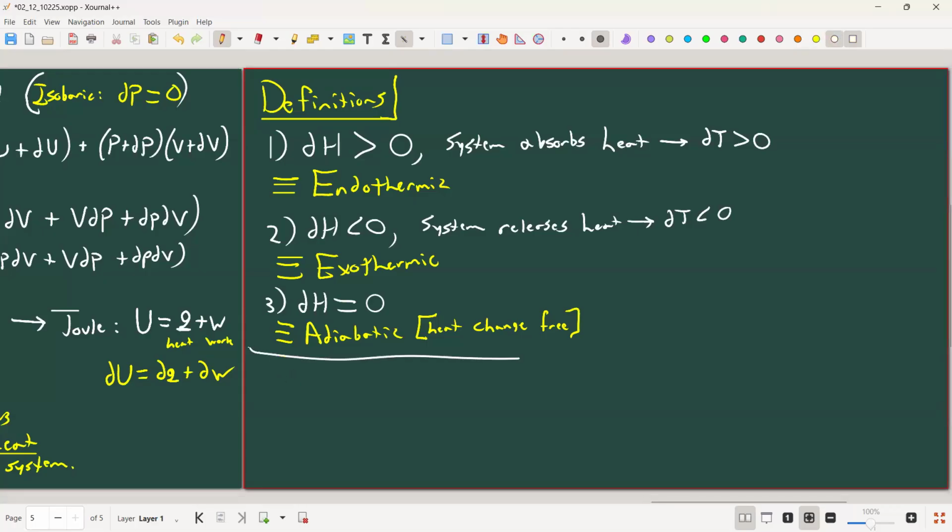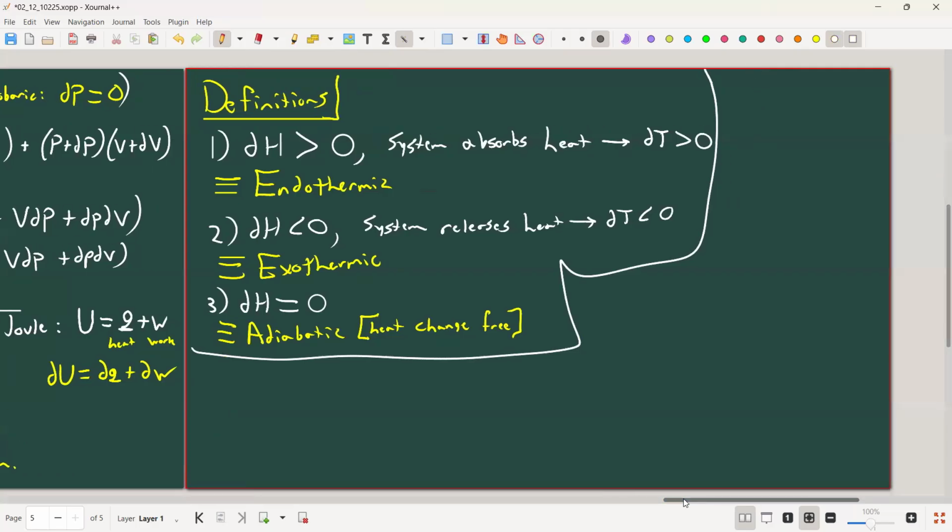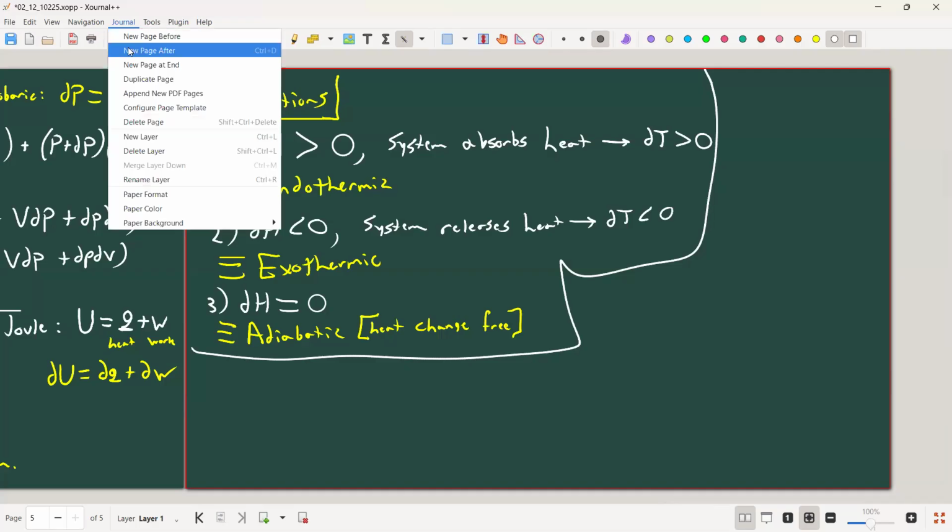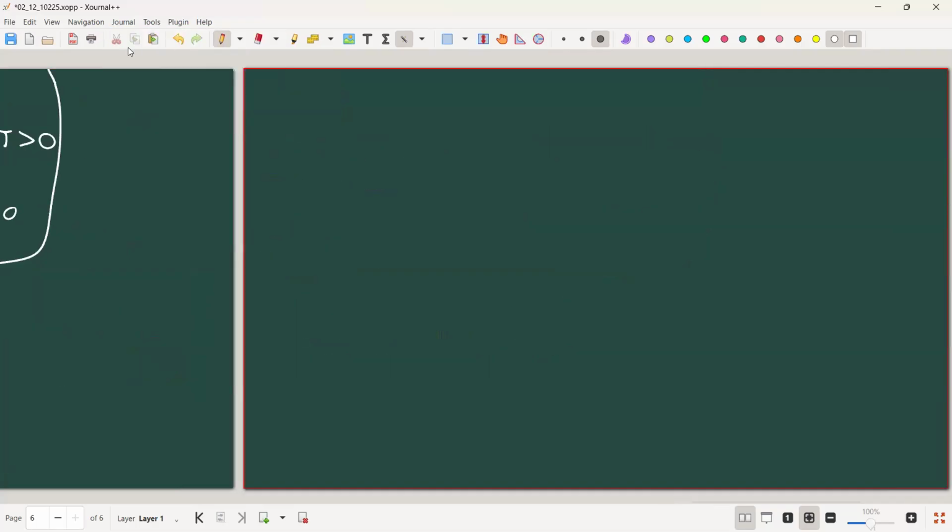Okay. So let's look at a quick example. Which example do I want to do first? Well, let's do this one first. I want to look at not a phase change, but a chemical change that's similar to a phase change. I want to look at the reaction of calcium carbonate in its solid form.